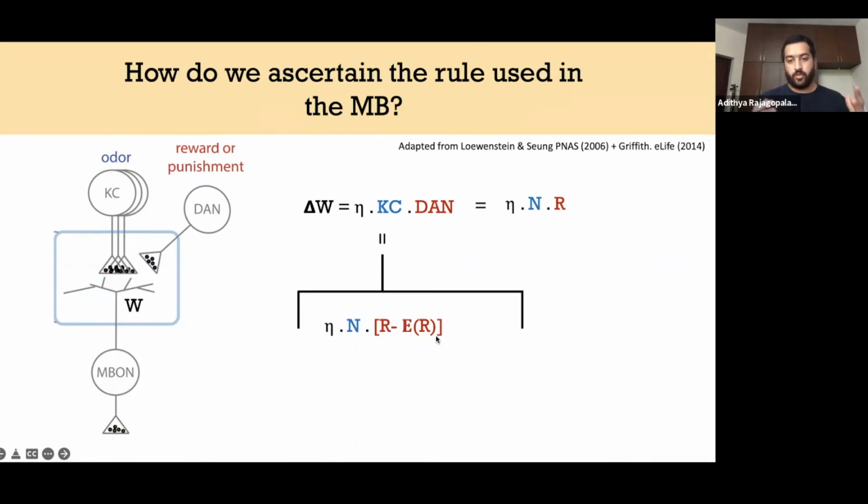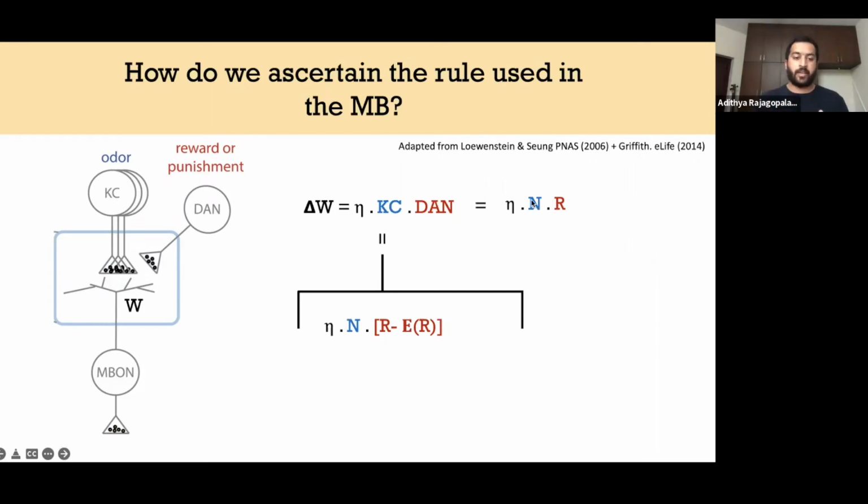When we translate the Lowenstein and Sung covariance rule to the Kenyon cell, this is what we want to distinguish between: whether the dopamine neurons have an error signal or whether they are just a pure reward signal.